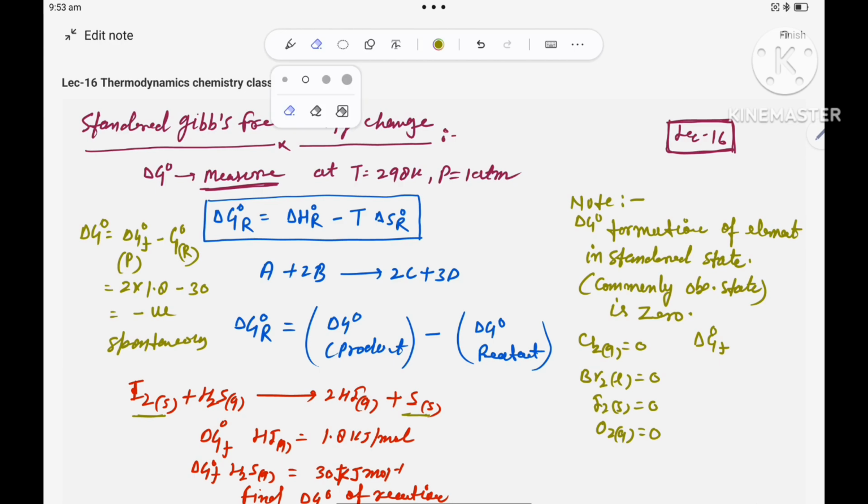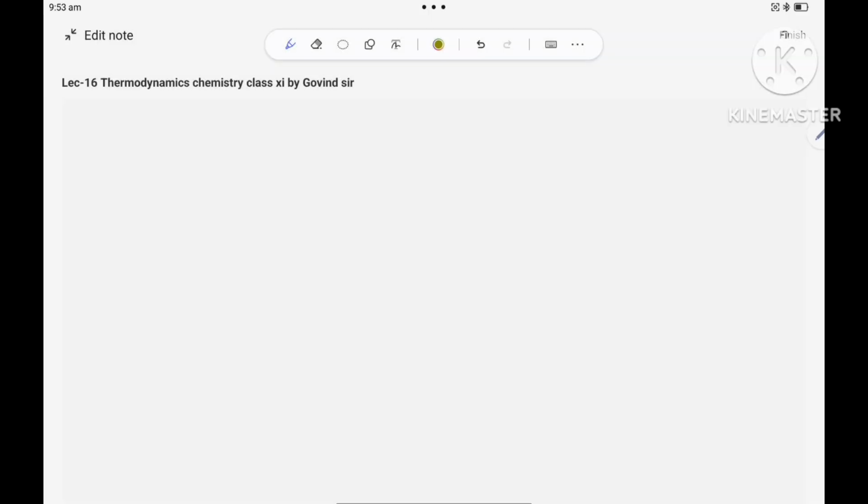Now question number 2: methane gas plus 2O2 is forming CO2 gas plus 2H2O liquid.